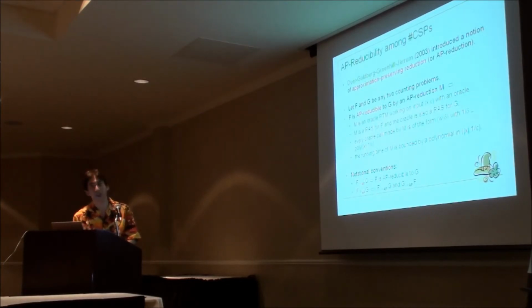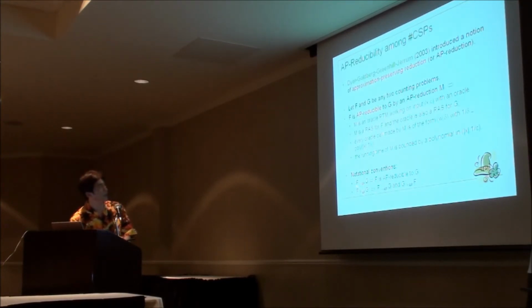Now we have to measure the complexity of the problem. To compare the complexity of problems, we have to introduce the reduction. Here we use the so-called AP reduction, introduced by Dyer, Goldberg, Greenhill, and Jerrum in 2003. This is the randomized approximation version of the Turing reduction. We use G as an oracle, and using G we compute, or approximate, F in polynomial time. That's the scheme written here.